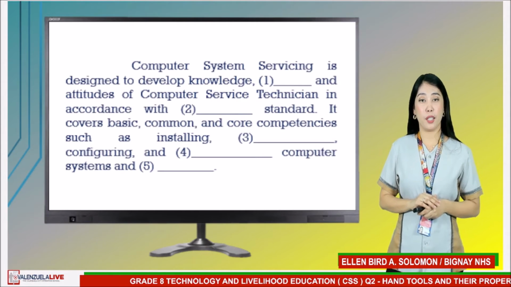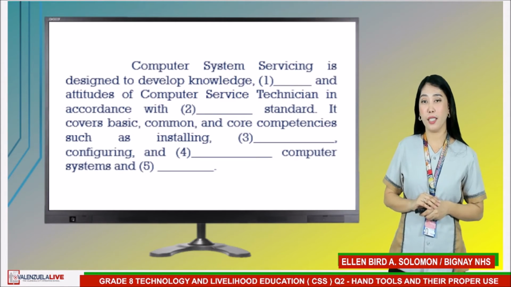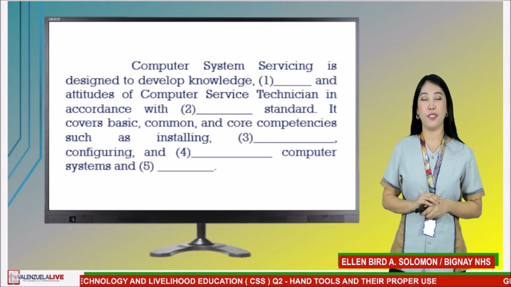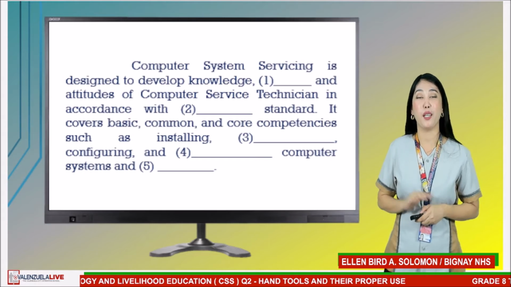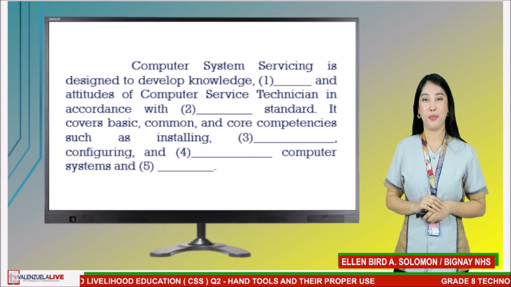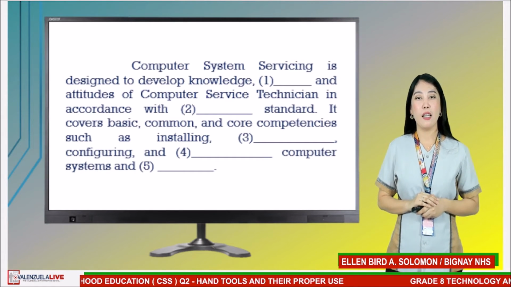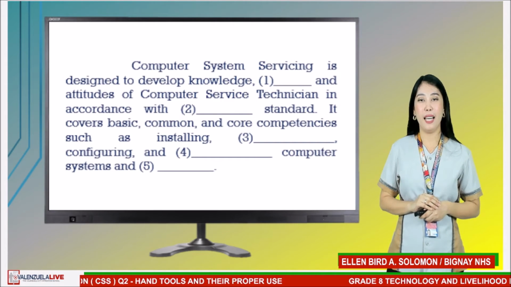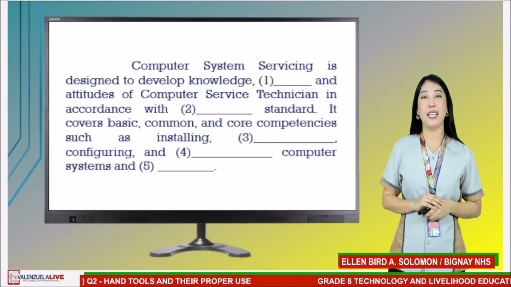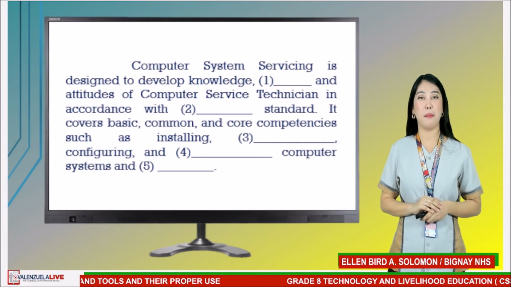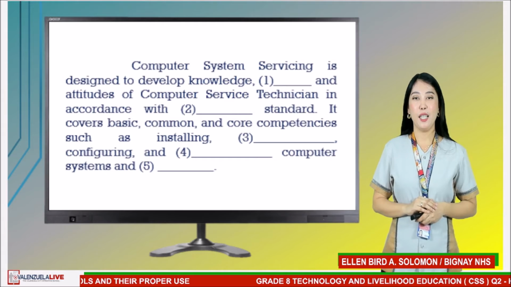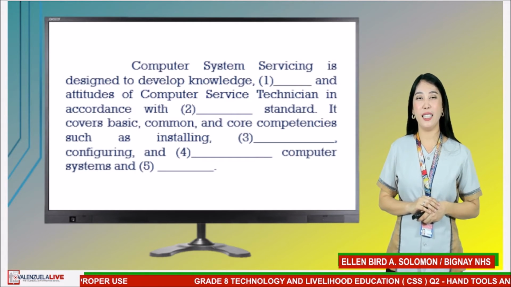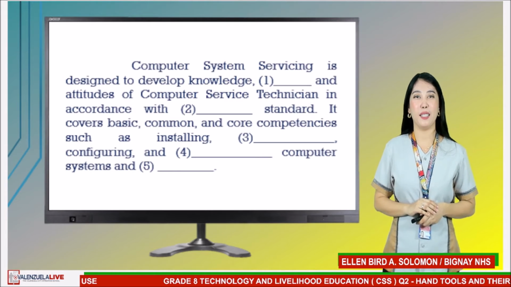Computer system servicing is designed to develop knowledge, blank, attitudes of computer service technician in accordance with blank standard. It covers basic common competencies such as installing, blank, configuring, and blank computer systems and blank. So let's have first number 1. For number 1, your timer starts now.